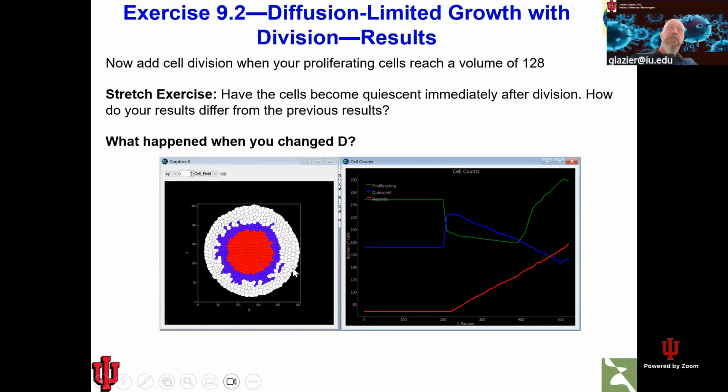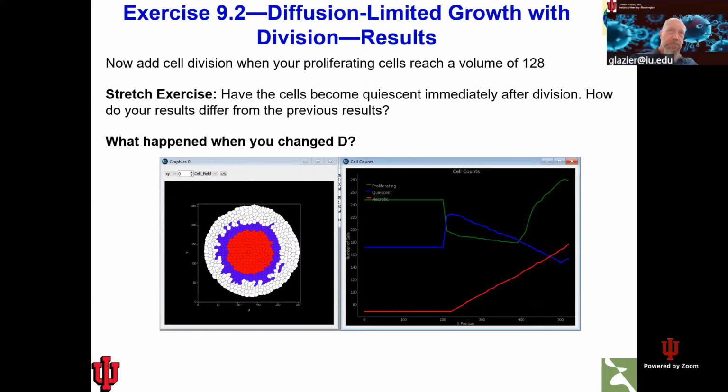Why do you get white, blue again? That's because we defined a hysteresis where the threshold for the cell going from proliferating to quiescent was at a lower level than the threshold to go back.